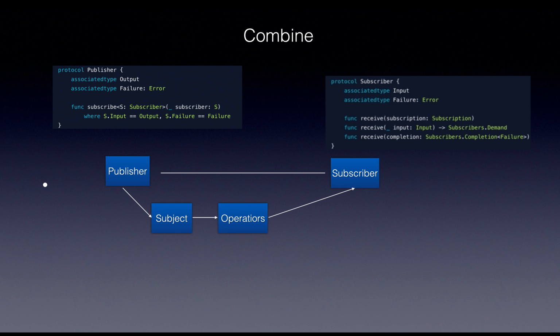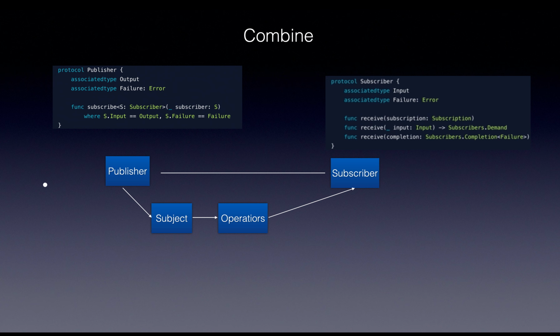So Combine defines the contract for the publisher and subscriber, and both must adhere to this contract. The contract is defined through the protocol Publisher.